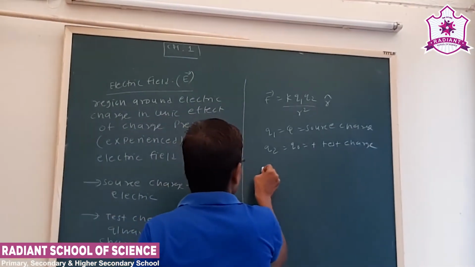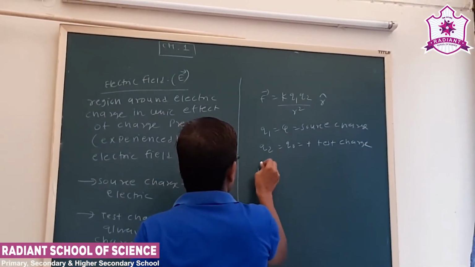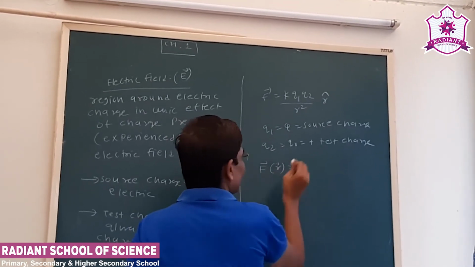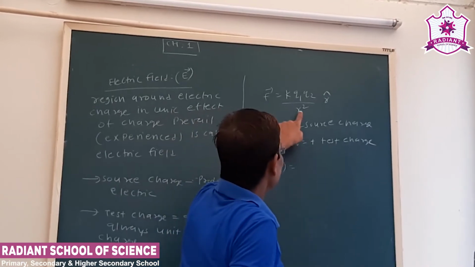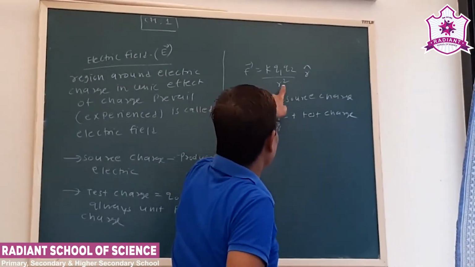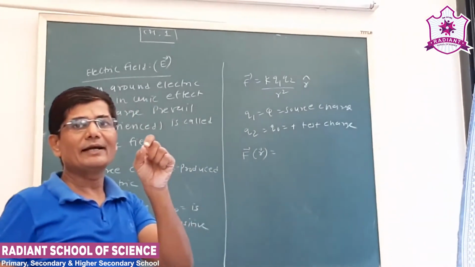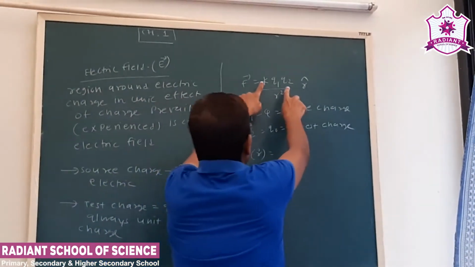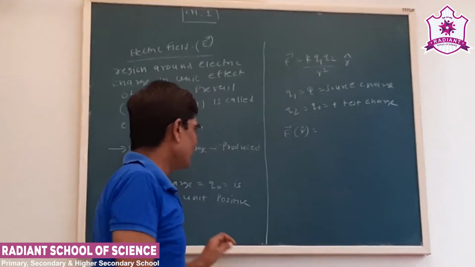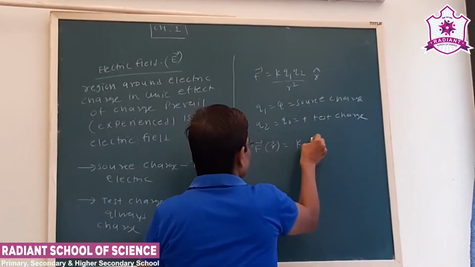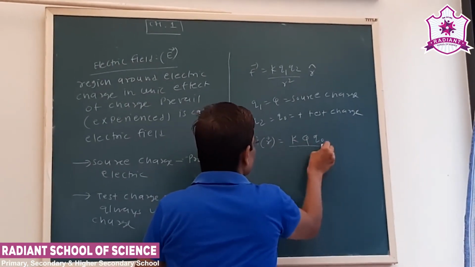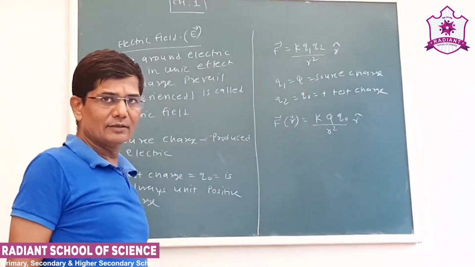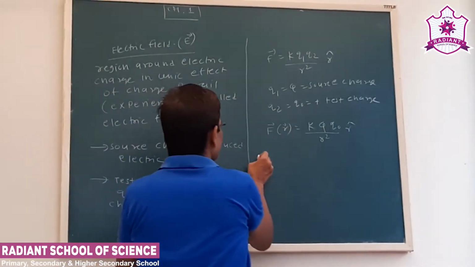Now force is a vector quantity. How do we denote it in vector form, F at position vector R? By doing this we are finding the electric force at position vector R, where R is the distance between the two charges. Let us say K Q Q0 over R square, R prime. Now see the simple definition of the electric field.